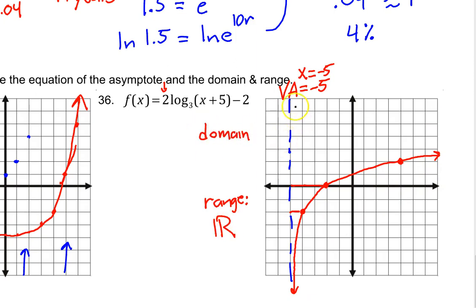The domain starts here at -5 and is completely to the right of it. So it's starting at -5 and goes to the right. So x must be greater than -5. Or you could say -5 to infinity. Either format's fine.